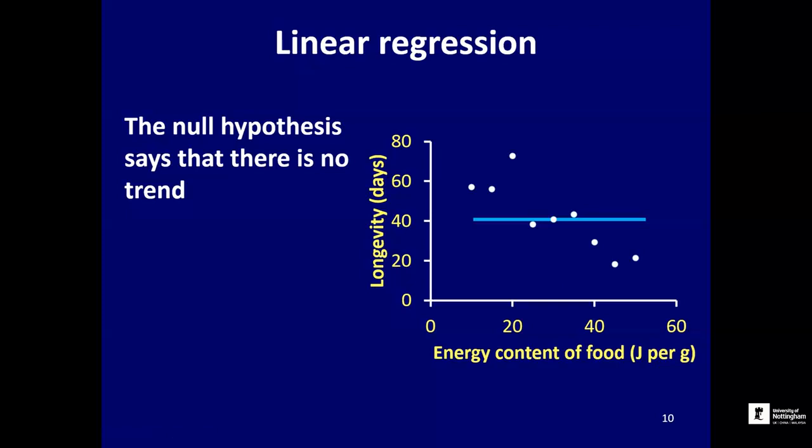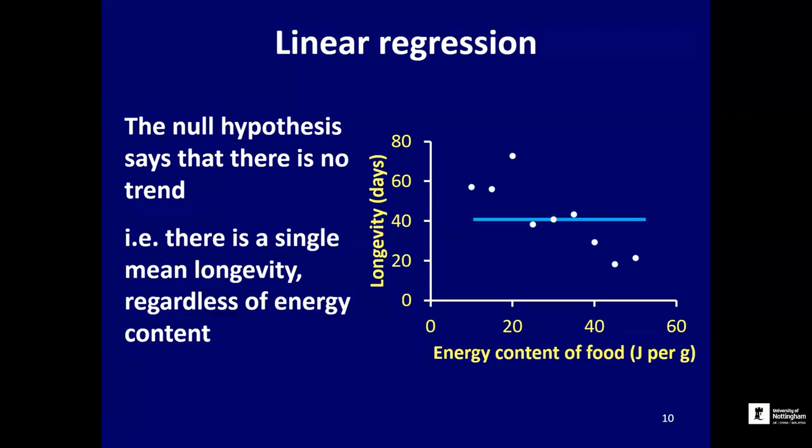And if the null hypothesis is correct, any deviation from that expected value of about 40 days, so for example this fly here which is living much longer, that deviation must just be random noise. It's nothing to do with what's going on the x-axis, according to the null hypothesis.